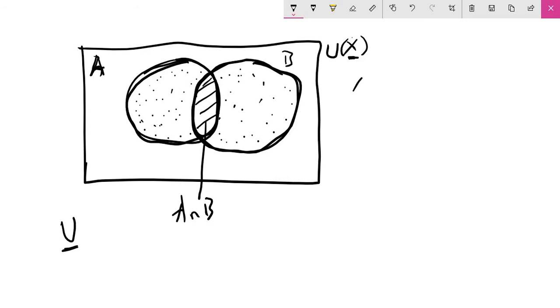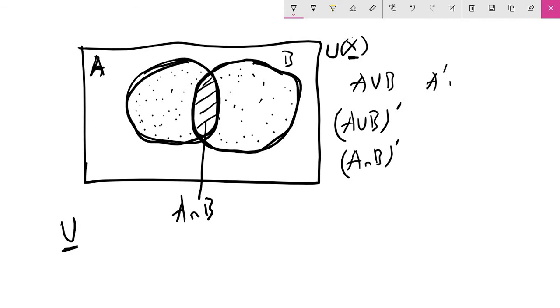Let's say we've already shown A intersection B. Now we want to show A union B, A union B complement, A intersection B complement, A complement intersection B complement, and A complement union B complement.